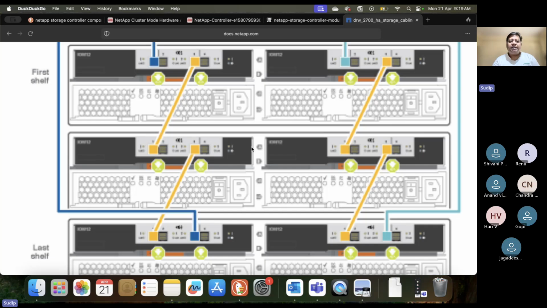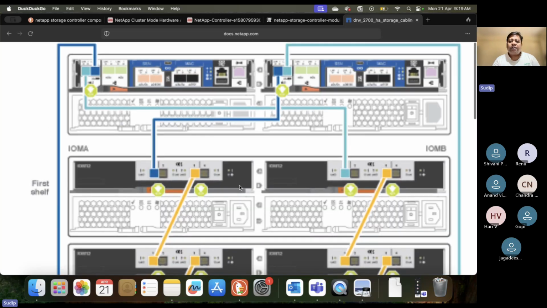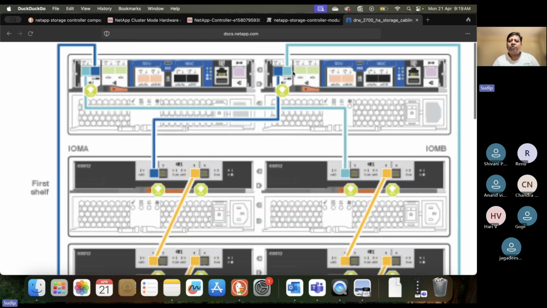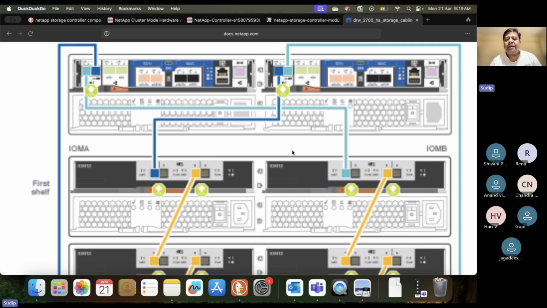So in daisy chaining, what happens? There is the first disk shelf. The first disk shelf gets connected to the second one. The second gets connected to the third one, and so on and so forth. And just as the first disk shelf got connected to the controller, the last disk shelf in the loop gets connected back to the controller to complete the loop. Very simple. In backend cabling, the controller starts the loop. The first junction or the first termination of the loop happens in the first disk shelf.